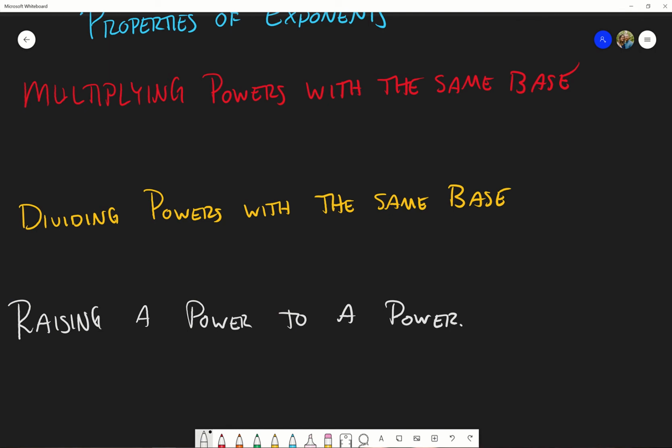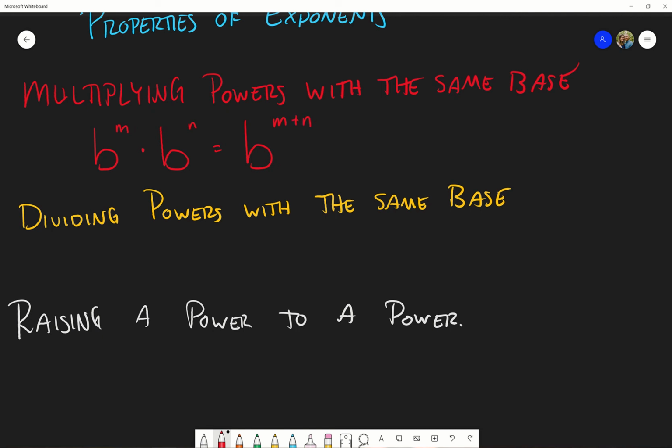All right. So if you're taking notes, here are the 3 things you need to know, and then we're going to break them all down one by one. So with multiplying powers, if we have something to the power of m times the same base to a different power, this is the same thing as b to the power of m plus n.